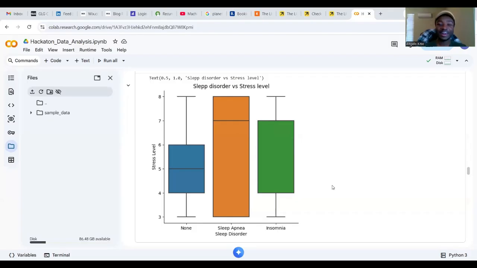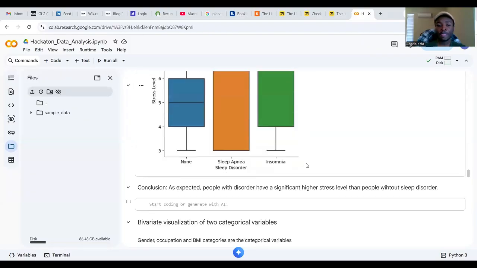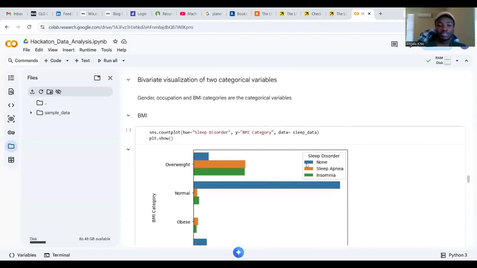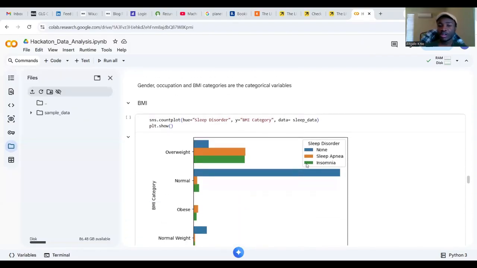Sorry, my bad. Having a hard time here. But yeah, we see the impact of stress level on sleep disorder, and therefore the impact of stress level on sleep quality as well.